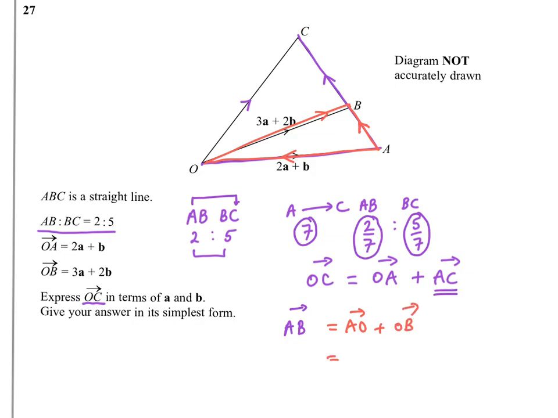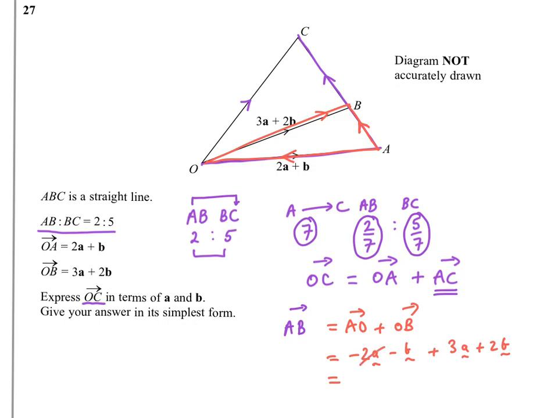A to O is going to be minus 2A minus B, because we're going in the opposite direction to what OA would have been, plus OB, which is thankfully given. And then neaten that up a little bit.